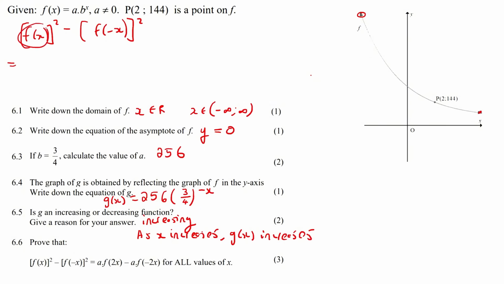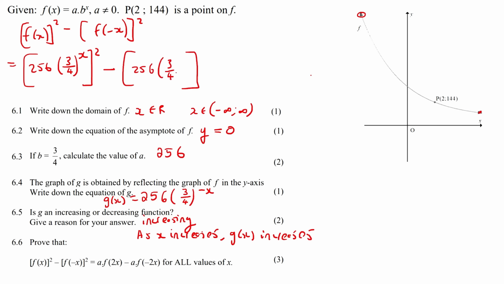So you take the equation of f, which is 256 times 3 over 4 to the x, and then you square that. Okay, and then you minus the same thing, but instead of having x, you're going to have minus x. So let's simplify that and see what we can get.